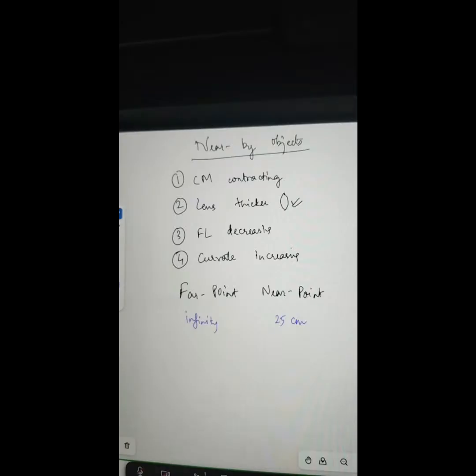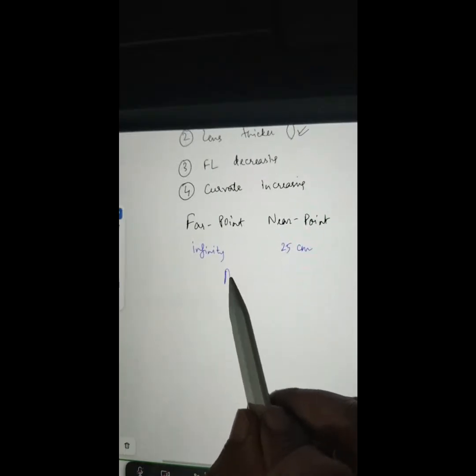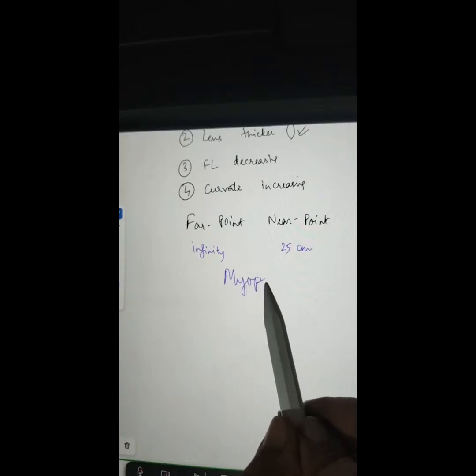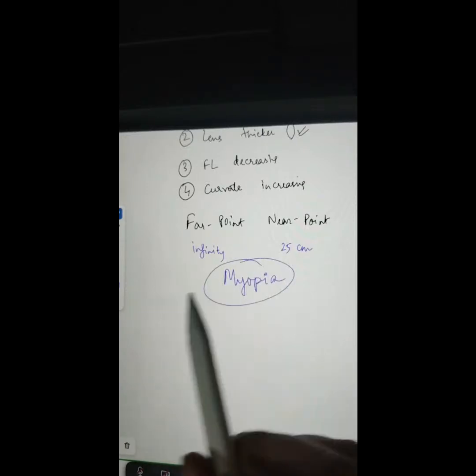Now, this far point and near point get affected if a person has some defect in the vision. So here we come to the first defect in the vision, which is myopia.